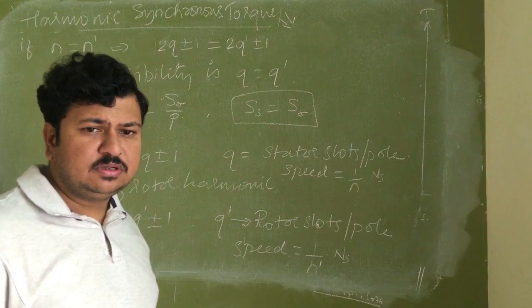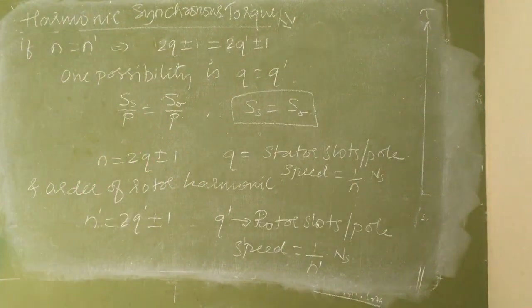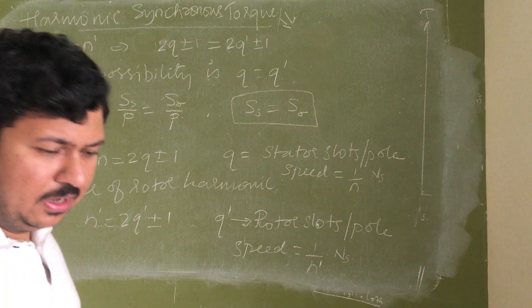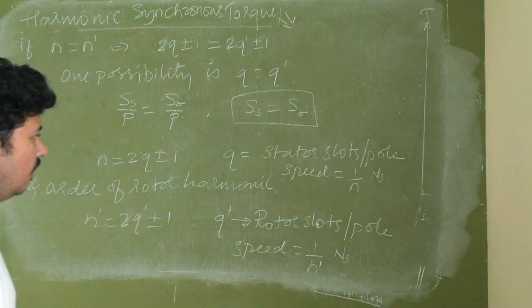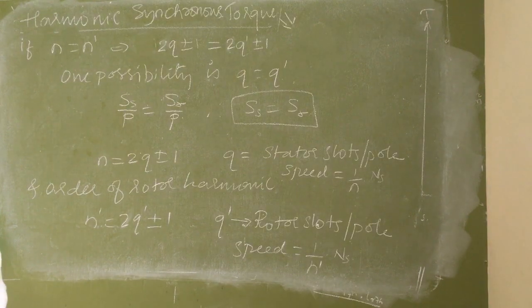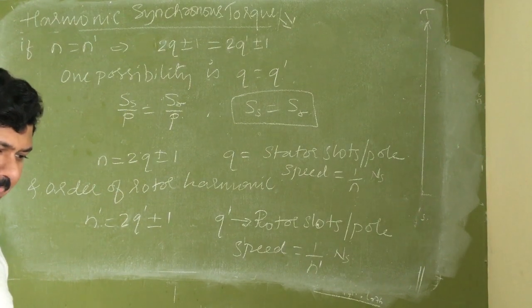The torque produced by the harmonic speeds will become equal. Now there is an equal torque produced by the stator harmonics as well as the rotor harmonics, and these are called synchronous torques.